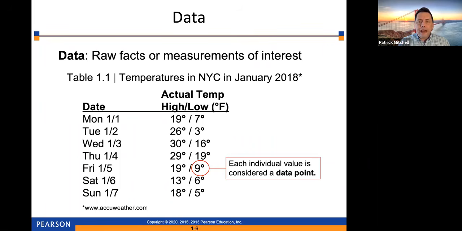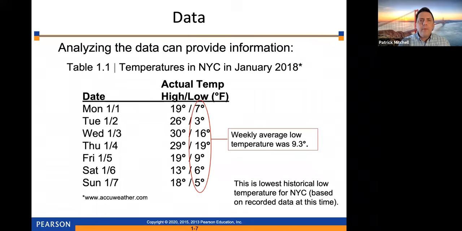Each individual value is called a data point, or sometimes I just call it a value. Analyzing the data can provide information. So for example, somebody figured out that the weekly average low temperature in New York City that week was 9.3 degrees Fahrenheit. Fun fact, this is the lowest historical low temperature for New York City based on recorded data at this time.